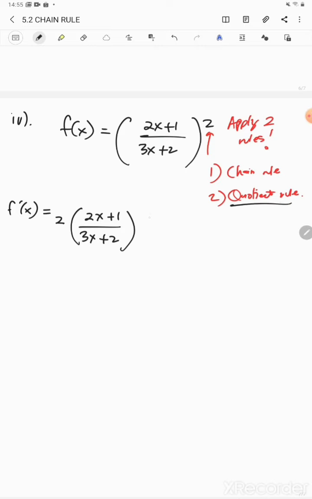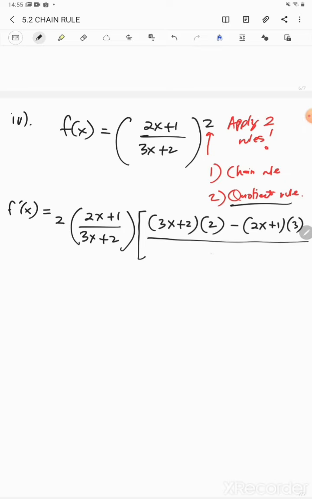Okay, so apply quotient rule, you have to use, okay, open square bracket, and the formula is g. Okay, copy g 3x plus 2, f prime differentiate 2x plus 1, we get 2 minus, okay, g f prime f 2x plus 1, and then differentiate 3x plus 2, okay, g prime we get 3, okay, divide by g square, so 3x plus 2 square, right?